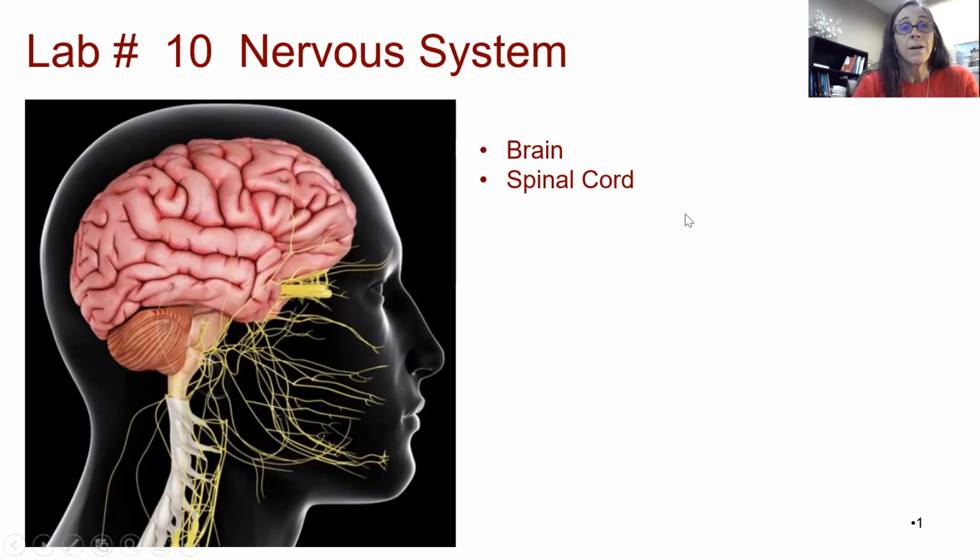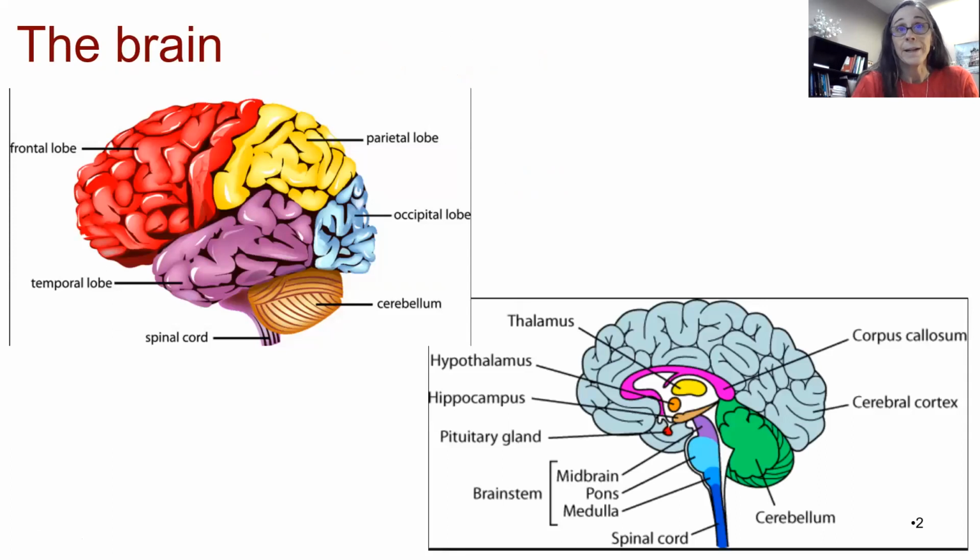So let's look at our nervous system. The central nervous system, as I've already mentioned before, is divided into the brain as an organ and the spinal cord. So let's look at the brain. The brain basically has four main parts to it.